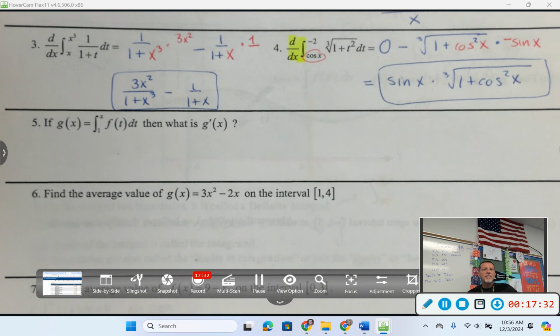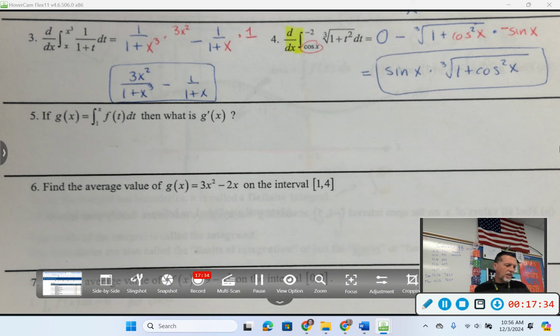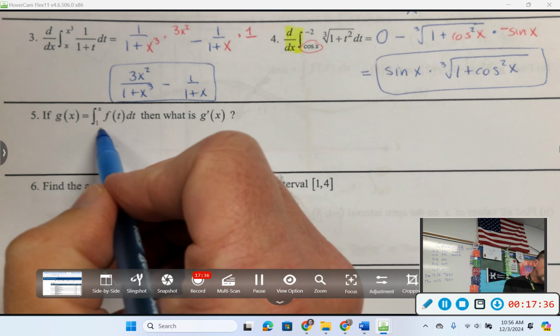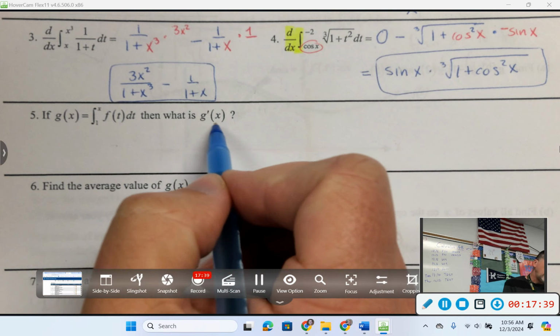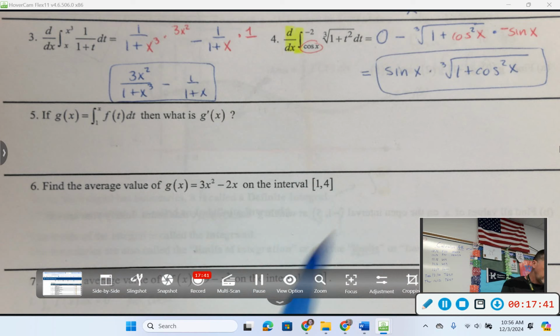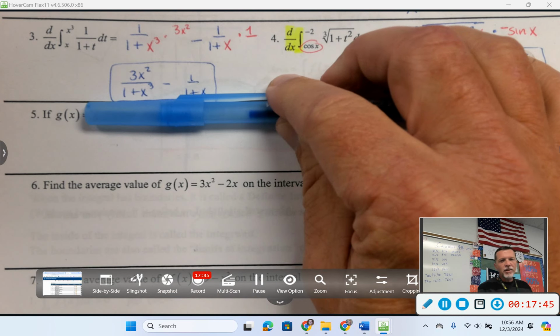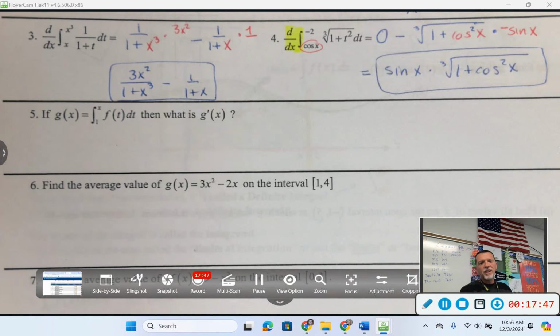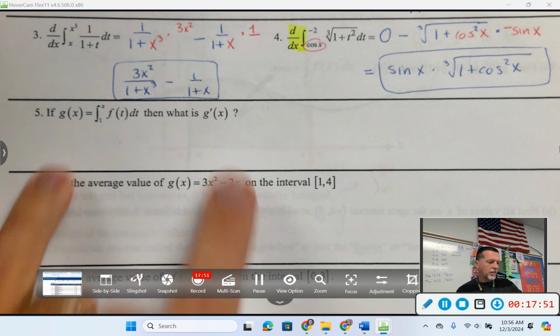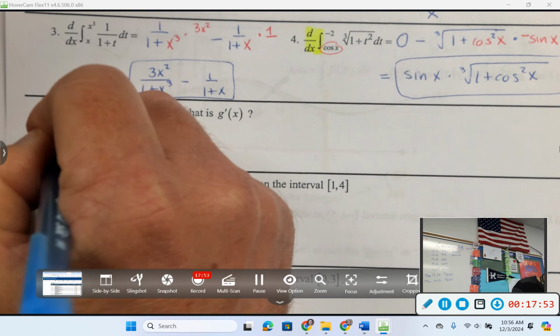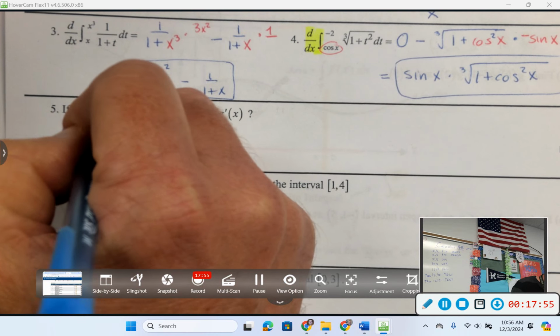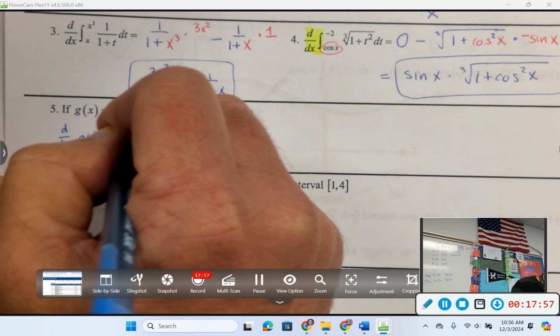Number 5, last example. If g of x equals integral from 1 to x of f of t dt, then what is g prime? Okay, well let's ignore the stuff on the right. If I want to get from g to g prime, what do I need to do? Take a derivative. So let's take a derivative of both sides.